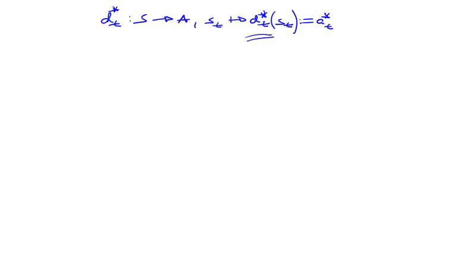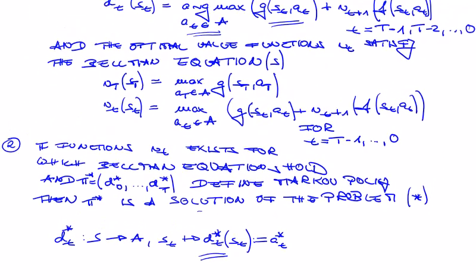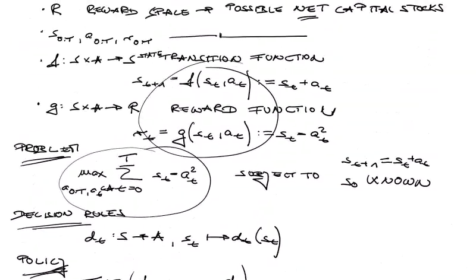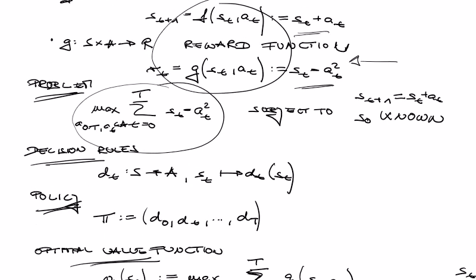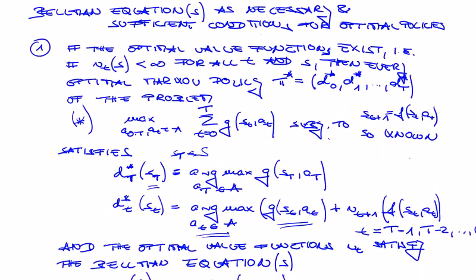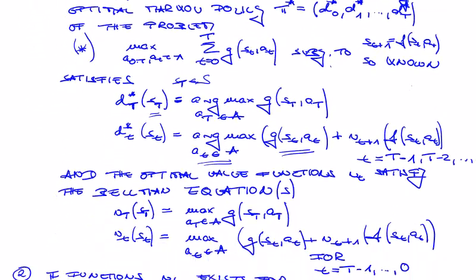Good. So now, how to apply this in our example. In our example, we had defined these things: our reward function RT defined as this, and our transition function defined as this. Now the Bellman Equation dynamic programming algorithm says that to find the optimal decision rules, which we can then put together into an optimal decision policy, we should start by computing this here.